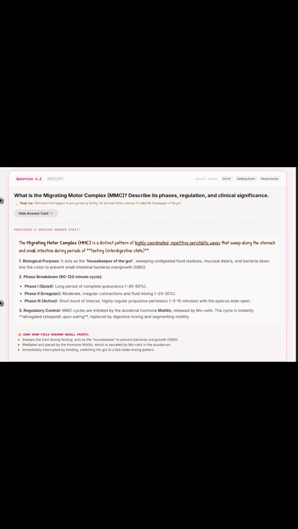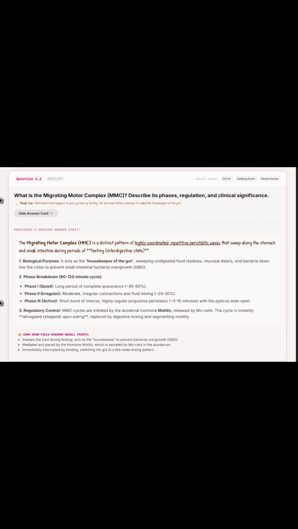By constantly clearing out the stagnant fluid and bacteria during fasting, it prevents small intestinal bacterial overgrowth and retrograde migration of colonic bacteria into the ileum.